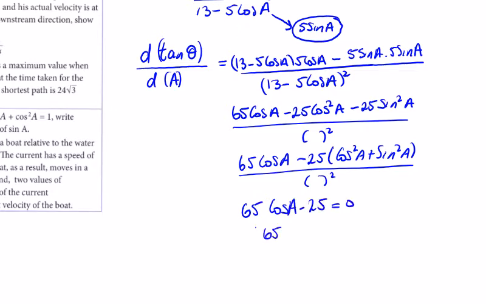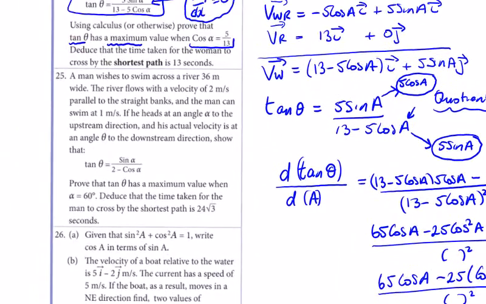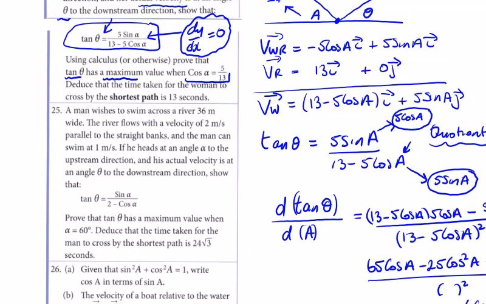So 65 cos alpha is equal to 25, so cos alpha is 25 over 65, which is equal to 5 over 13. So cos alpha is 5 over 13 when theta is a max. So that's what we were asked to show: theta has a maximum when cos alpha is equal to 5 over 13.